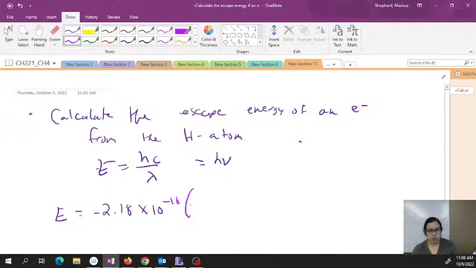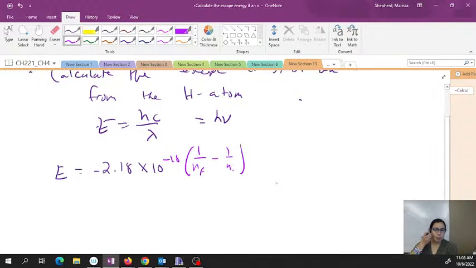So we have this. And so now we can plug in. So we'll have final minus initial. So escape energy, final is going to be infinity. And so 1 over initial, just assuming 1, so 1 squared.